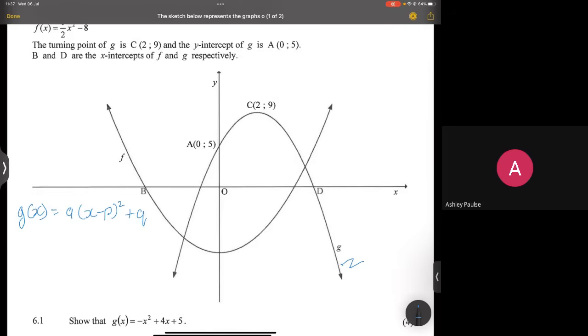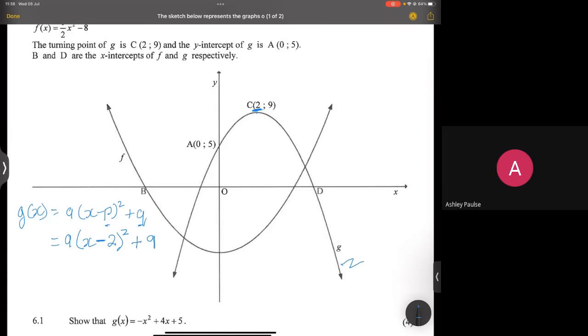Okay. We said, what do the p and q represent? It represents the x and the y value of the turning point respectively, right? So I can say this is a into, what's my turning point for g, right? I have x minus 2. There's my x value of the turning point. And remember, we said it changes sign inside the bracket. So that would be (x minus 2) squared plus the y value of the turning point, which is 9.